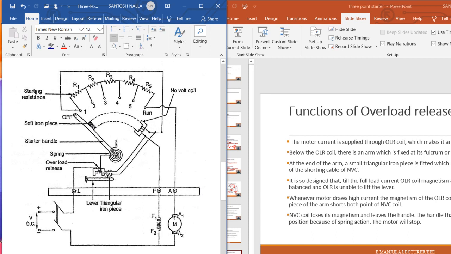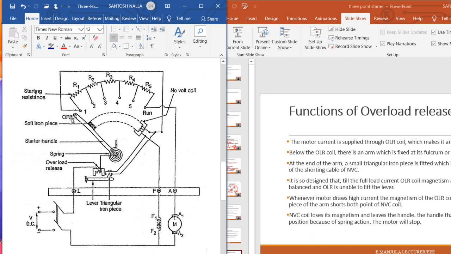There are some drawbacks in the 3-point starter. To increase the speed of the motor, the field resistance can be increased. This will reduce the amount of current through the shunt field, because if we observe here, when it is in the run position, all this resistance is added to the field, which will reduce the field current.